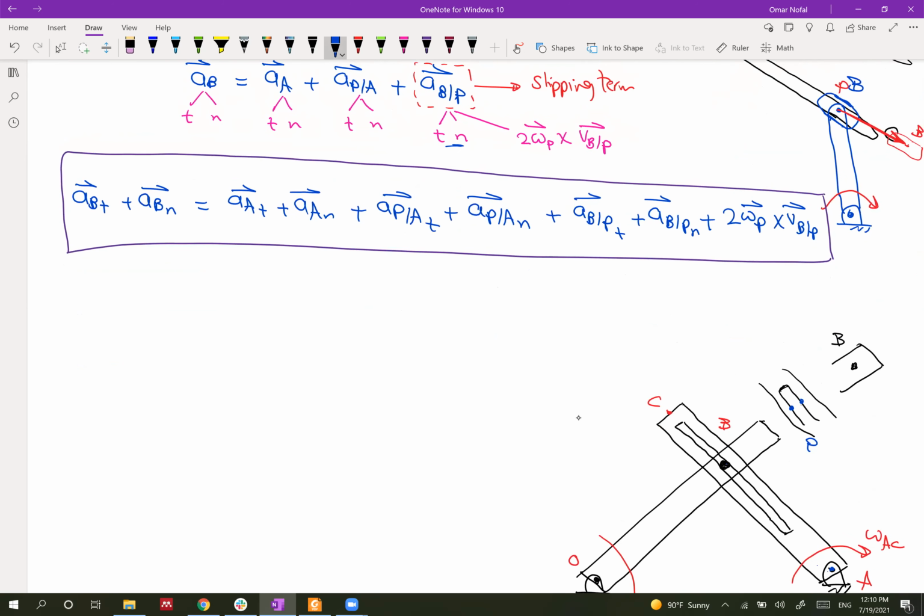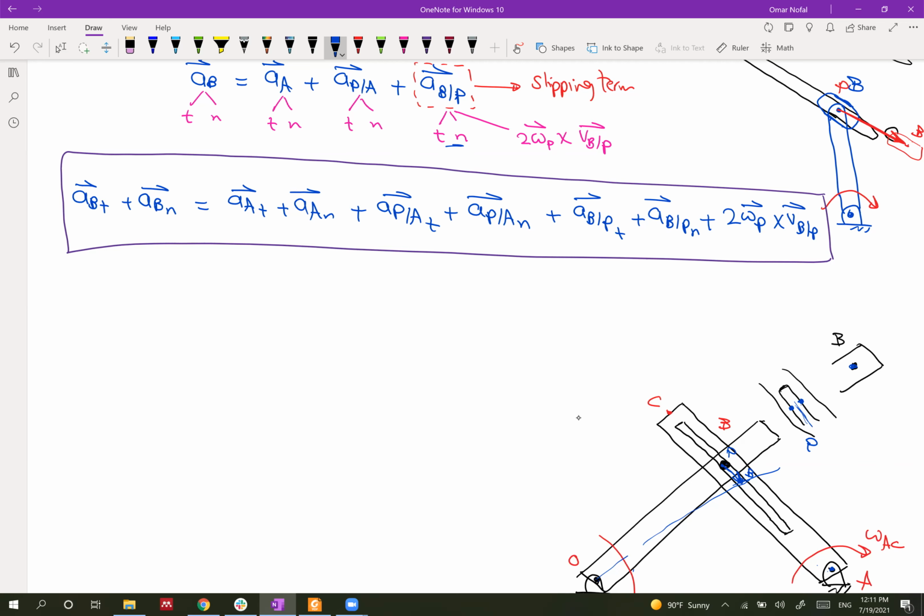So let's see. We have B here in this body, and we have B here in this body. But the point P, this one, is only allowed to move in this groove. So you will have B here, and after some rotations, this arm will be somewhere here. So B will be in this way, and you have B here and B here.